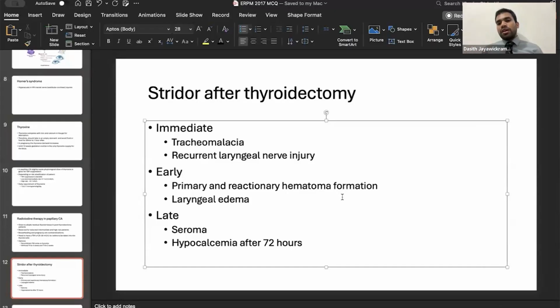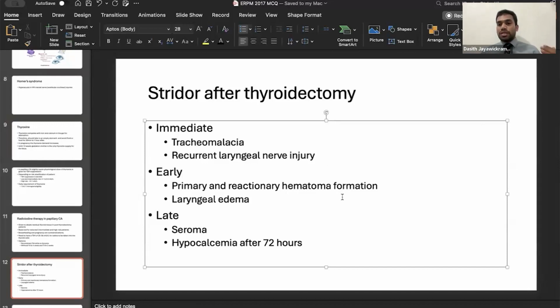So primary and reactionary hematoma causing compression of the trachea will cause stridor, and laryngeal edema. So most of the time, the most common cause is this hematoma.